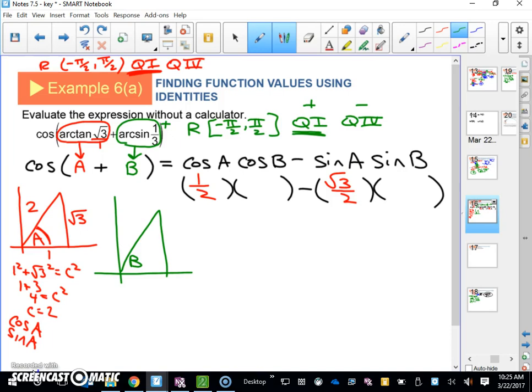I've got the sine ratio is 1/3. That's y over r. So y over r, I've got those two sides, and I can find the missing side using Pythagorean theorem. I'm going to do x squared plus 1 squared equals 3 squared. That's x squared plus 1 equals 9. Subtracting, you get x squared equals 8.